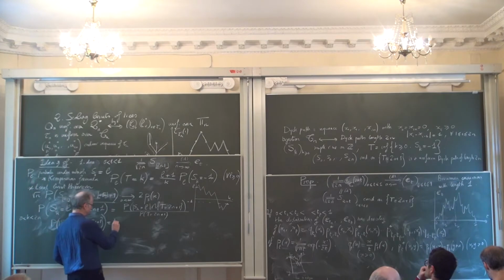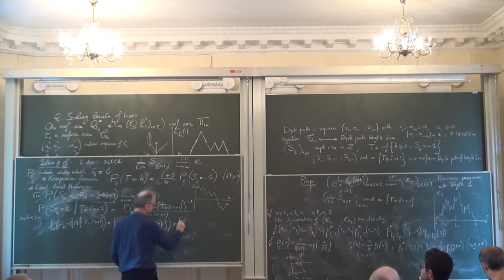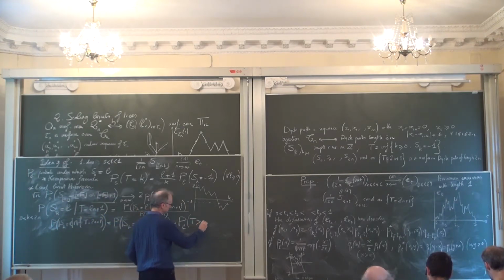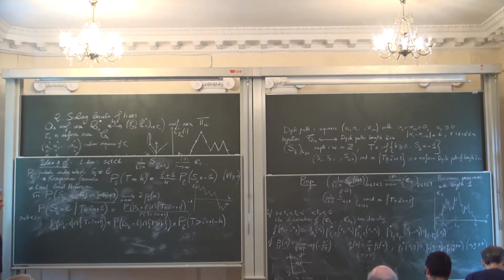I say that it is the probability that, okay, at time k I am at L, I have not yet hit -1, so T is greater than k, times the probability for my random walk starting from L now, because I'm at L here, that T is greater than 2n+1 minus k. Okay, so it's just a very easy application of the Markov property.